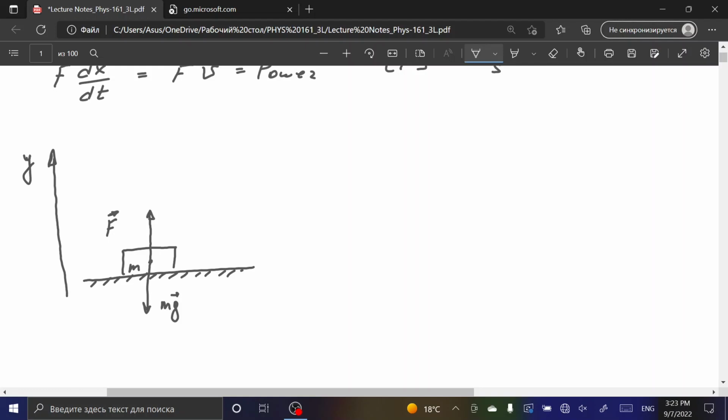So in that case, we can move this block somewhere up. Let's consider its new position, which will be at the height h with respect to the ground. What is important here is that initially v initial is equal to 0 and v final is also equal to 0.